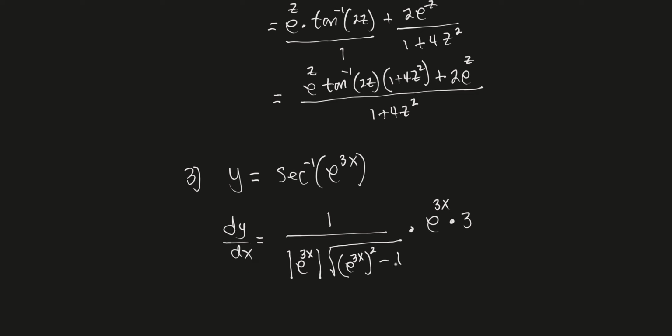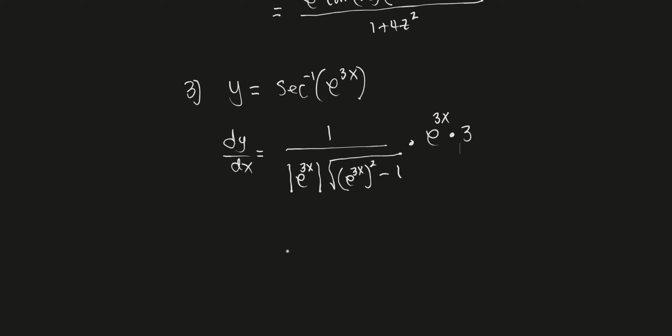So multiple applications of the chain rule, and with the inverse trig functions, you have to be really careful, particularly with the arcsecant, of where you plug the inner function back in, right? So let's see if we can write this in any kind of simpler form. Well, the numerator isn't too bad.